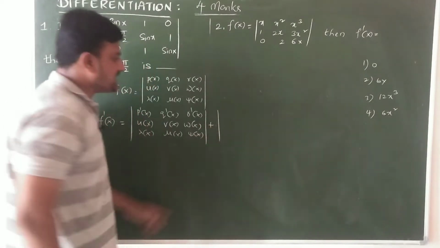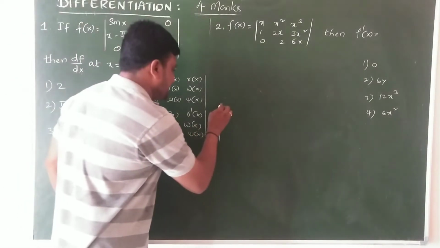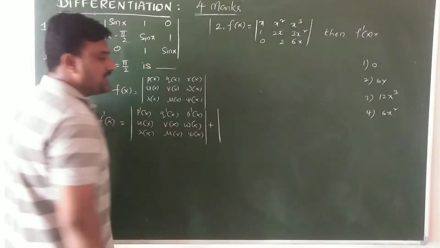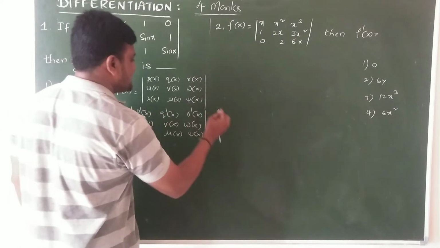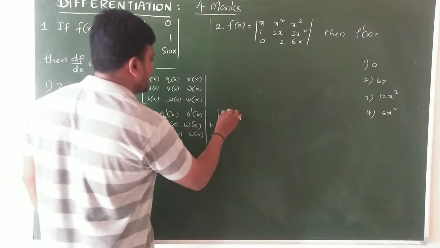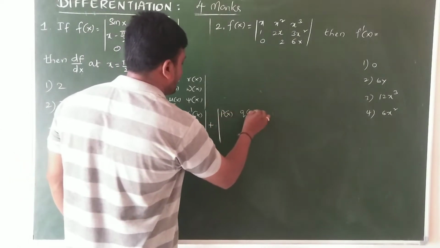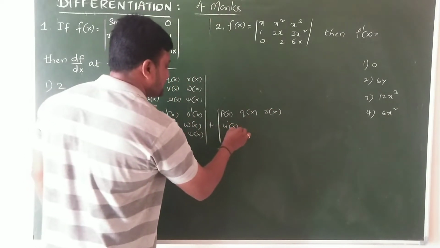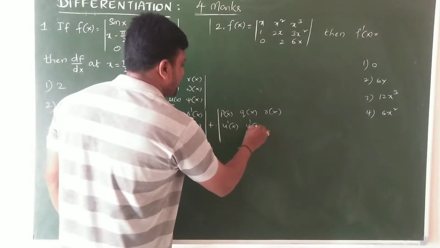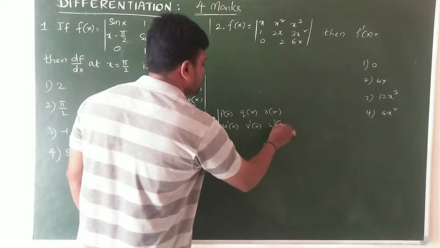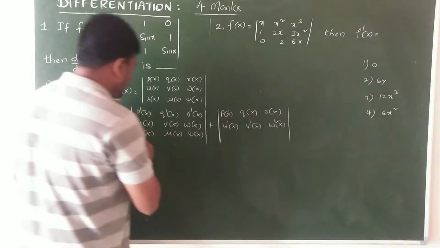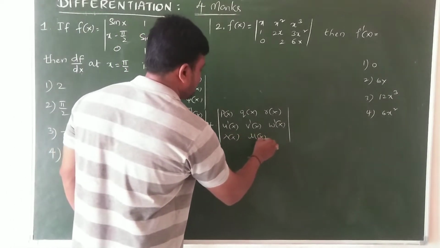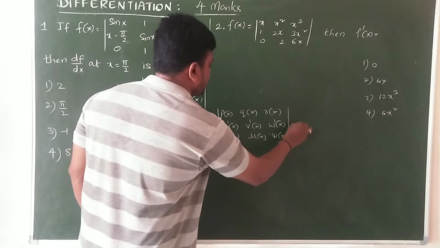Remember, in the second term, the derivative of the second row, the first and third rows as they are: p of x, q of x, r of x, and here u dash of x, v dash of x, w dash of x, and the remaining third row as it is, lambda of x, mu of x, psi of x.